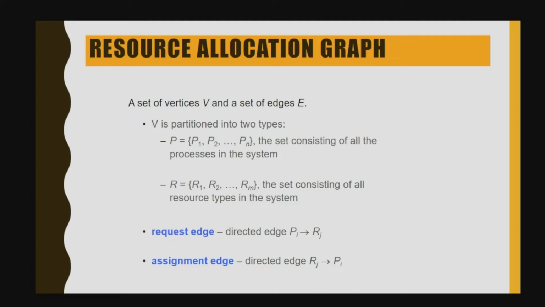A request edge is directed from P to R, from the process to the resource. P requests a resource. An assignment edge is directed from R to P. So you need to know about the request edge, the symbols P and R, and the arrow.